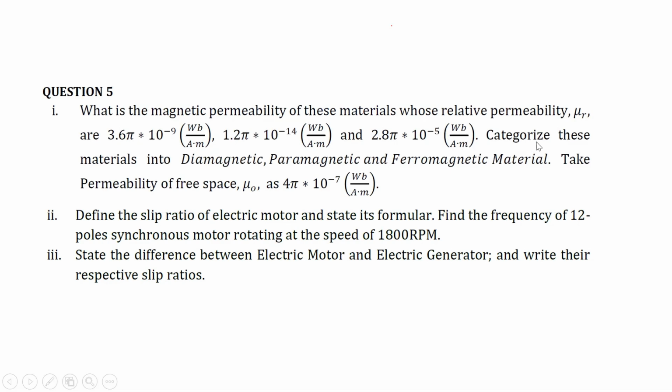Then they further asked you to categorize this material into diamagnetic, paramagnetic, and ferromagnetic material. And they gave you the permeability of free space to be 4 pi times 10 raised to the power minus 7.